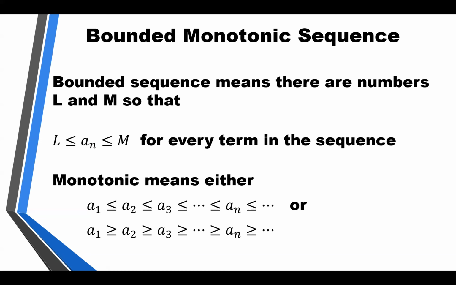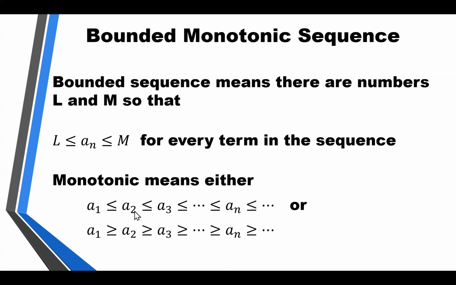Now, monotonic means it's either always increasing or always decreasing. So the terms keep getting bigger and bigger and bigger, or the terms keep getting smaller and smaller and smaller.